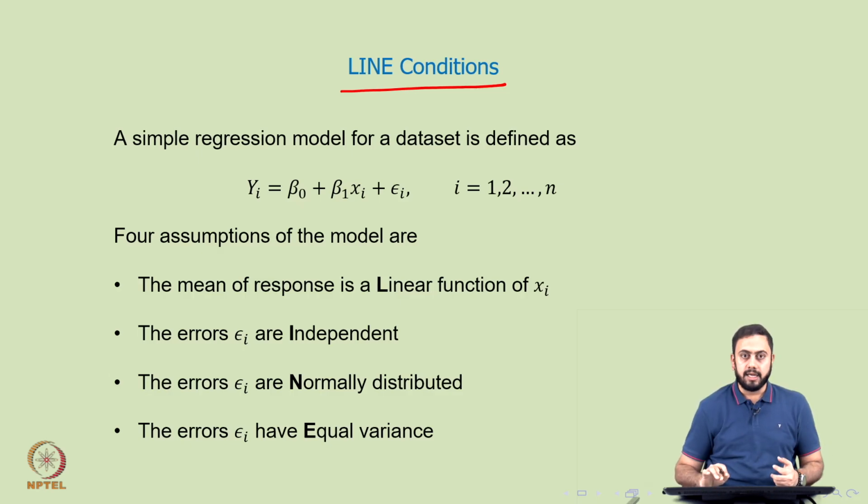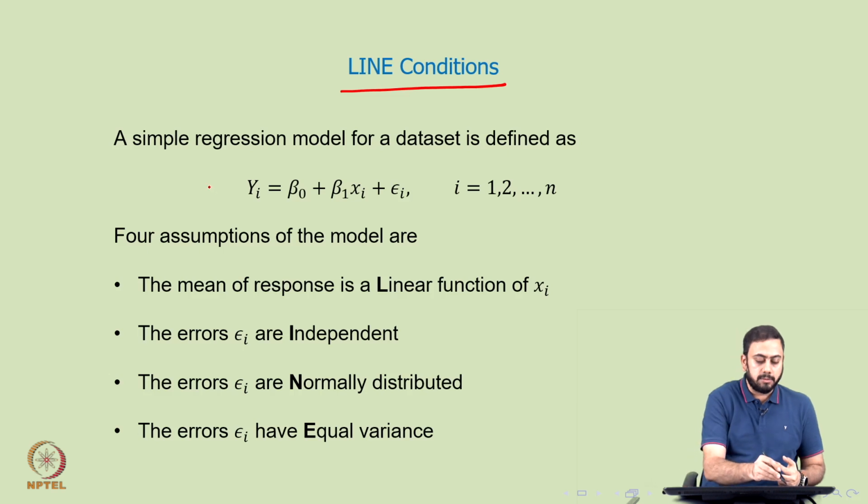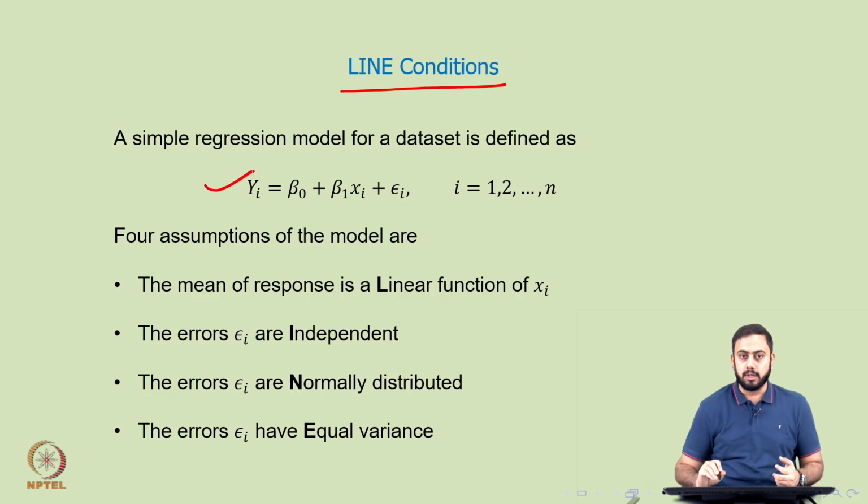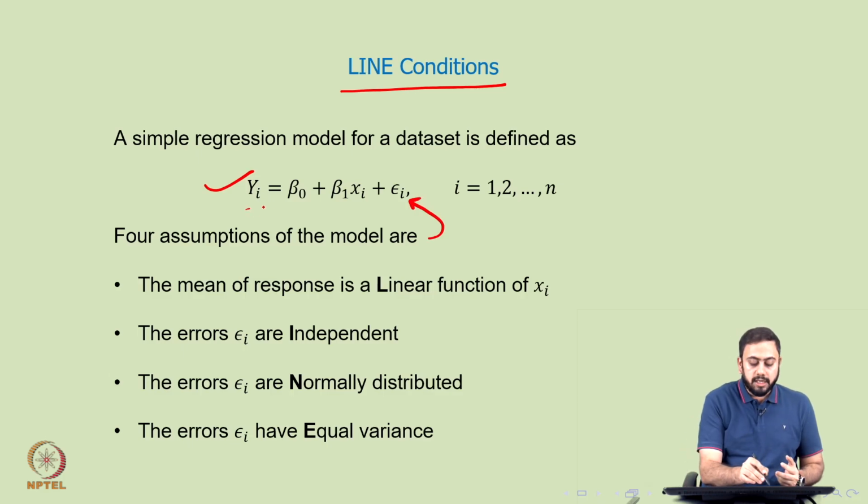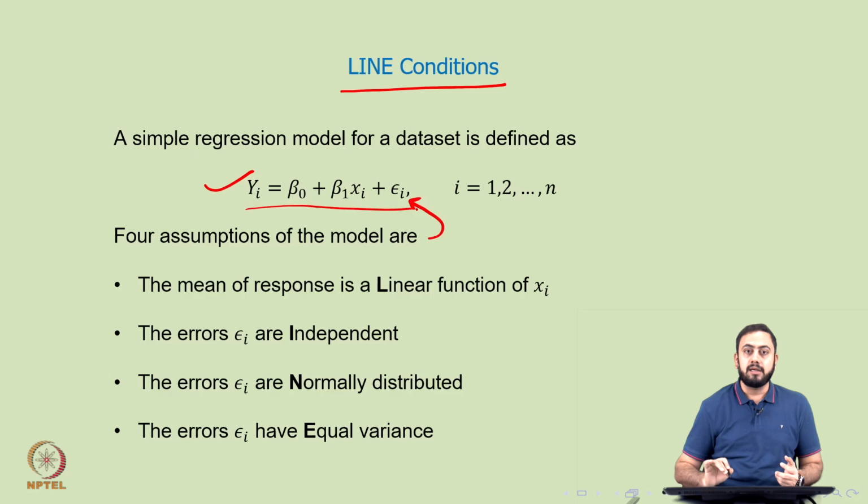So what exactly are the LINE conditions? Again, this is the regression model we are talking about, and we have 4 assumptions on what quantity really? We have 4 assumptions on the error component, because remember the error component is a random component. The only random component in the entire model are the error components, epsilon i's, and since epsilon i's are random, my yi's are also random.